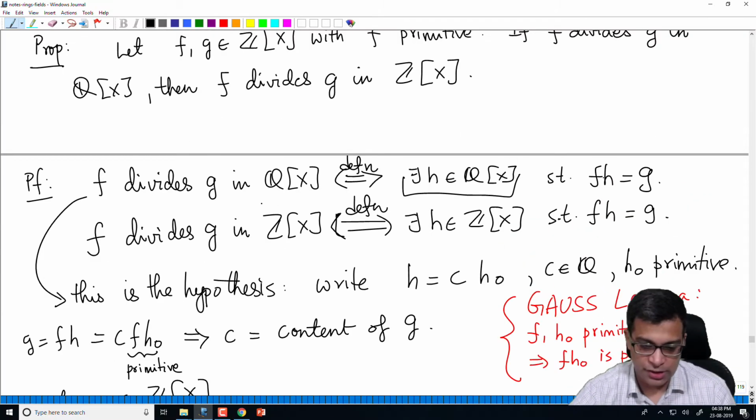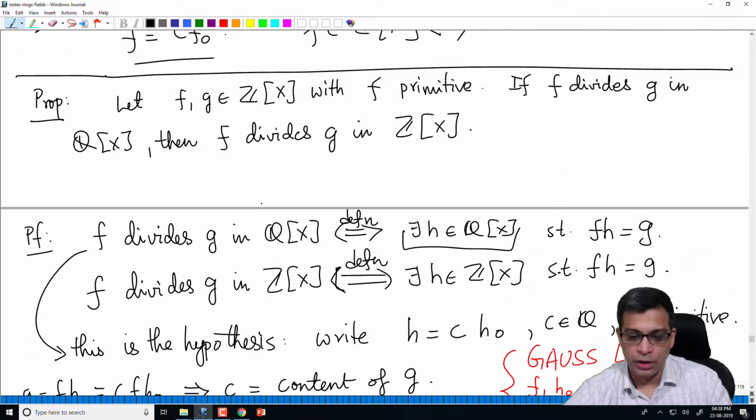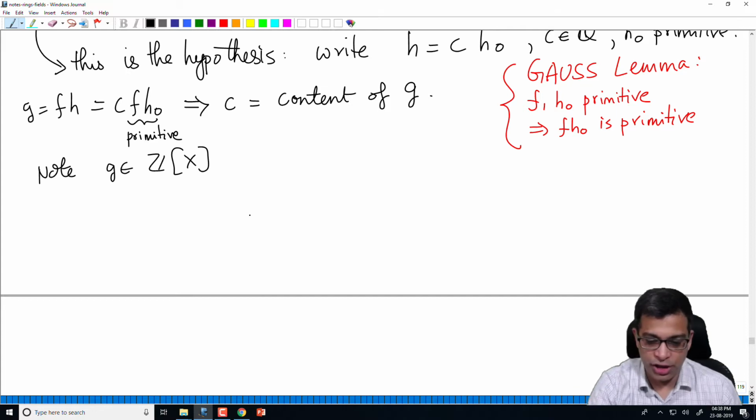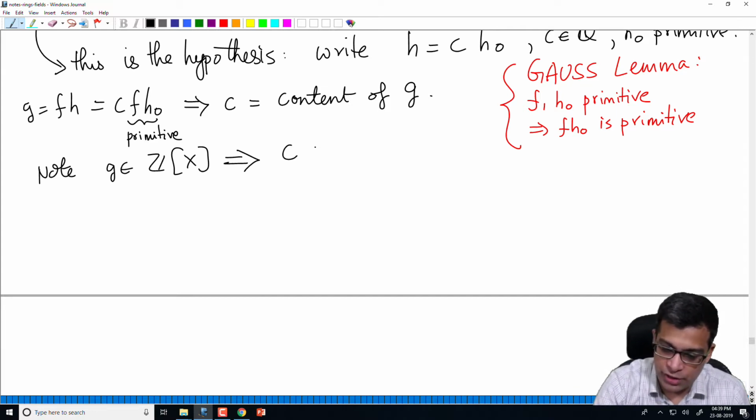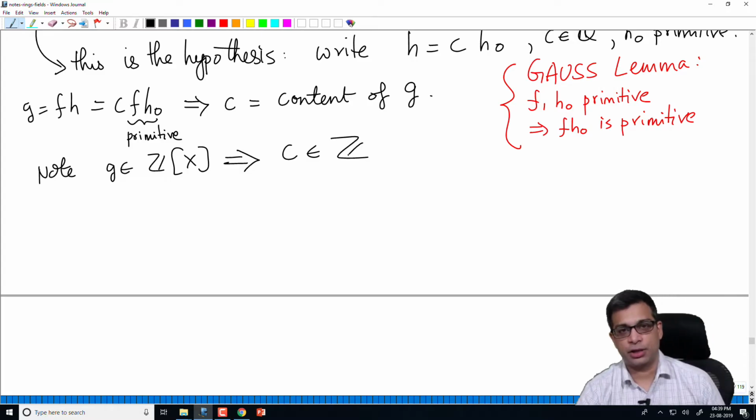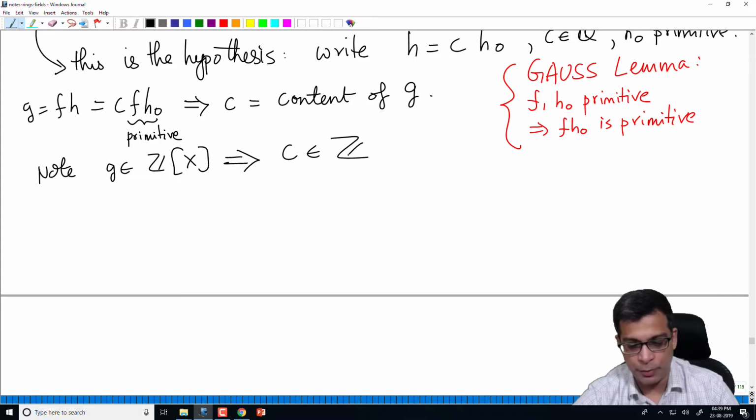Note that g is actually in Zx. Remember, that is a hypothesis. The crucial thing is f and g are both integer polynomials. So g is in Zx, that means c, which is the content, must be an integer. This is something that we proved in the last proposition. We can write every rational polynomial as a content, which is in general a rational number, times a primitive polynomial, but the polynomial we started with is rational.